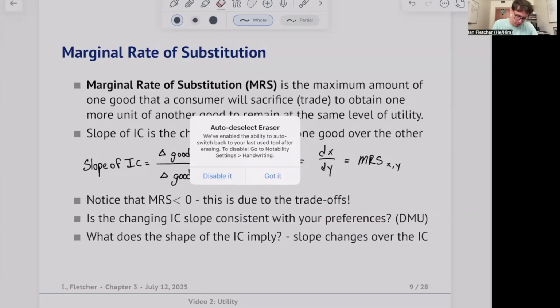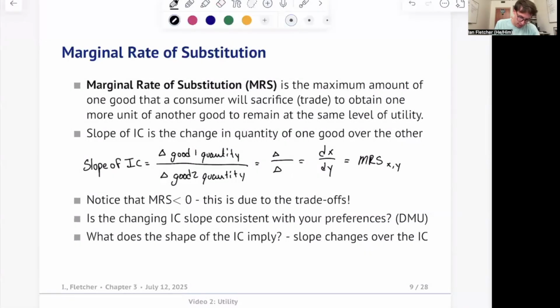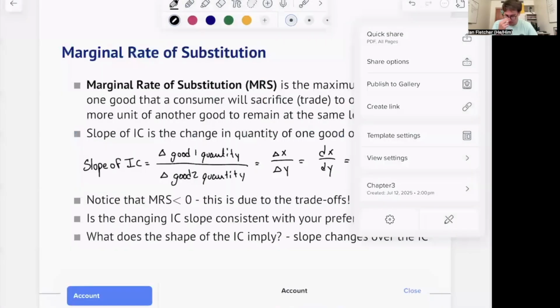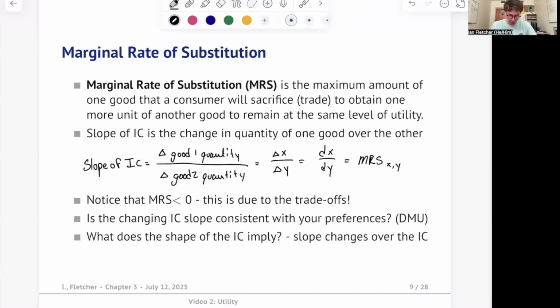We could do something like that where we'll have the change in y rise over run, but it doesn't matter. But notice that our marginal rate of substitution is always going to be negative.